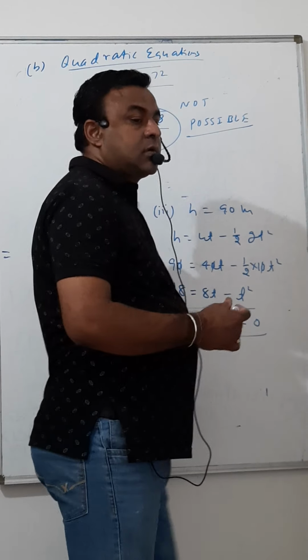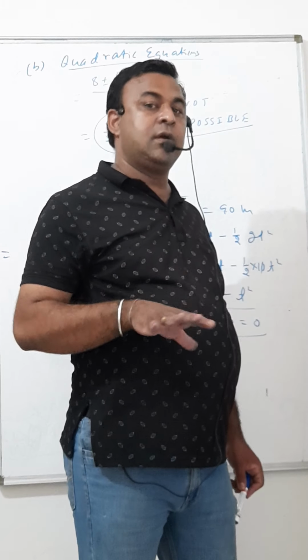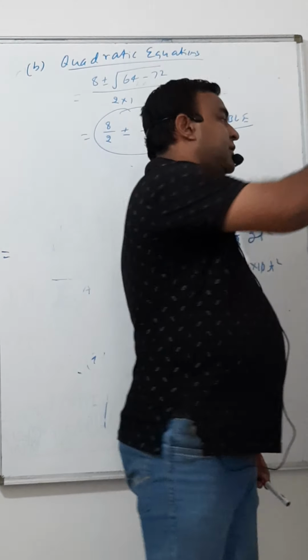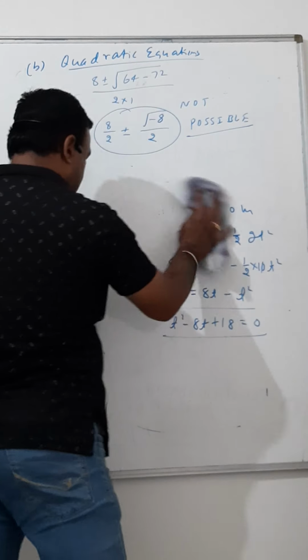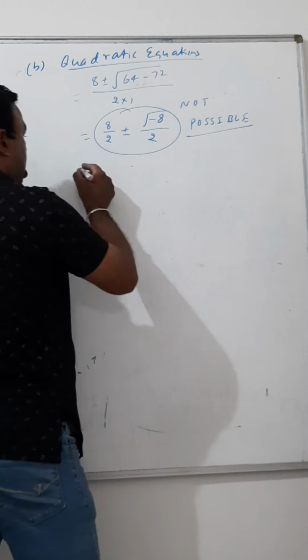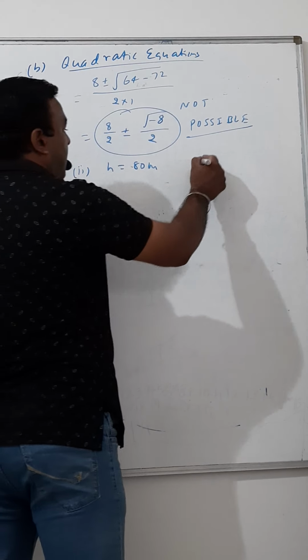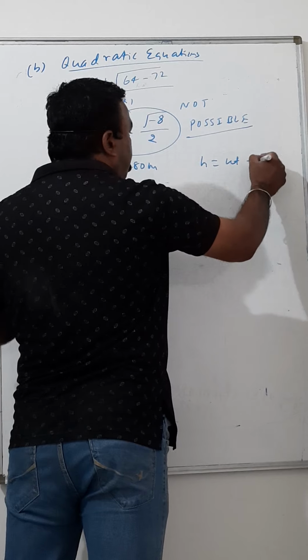Now what does it mean in terms of physics? Wait for the second part, then the whole mystery will be solved. For the second part, H is equal to 80 meters. I use the same formula.